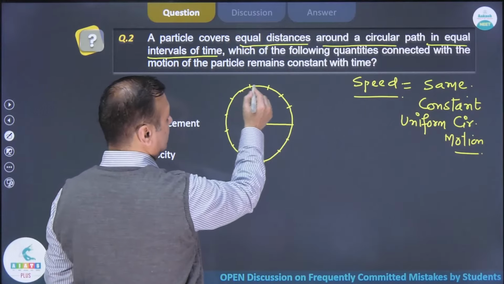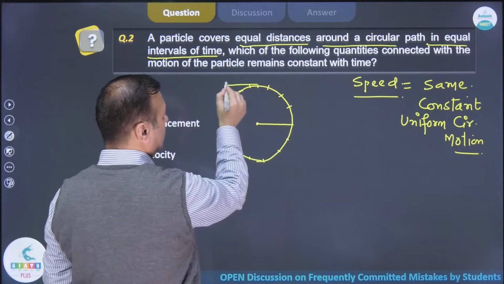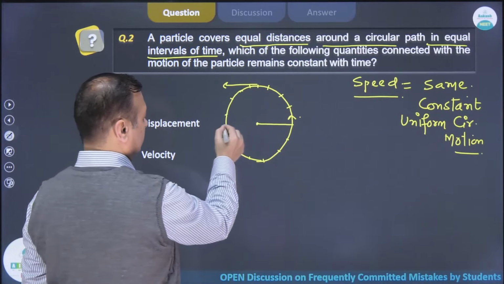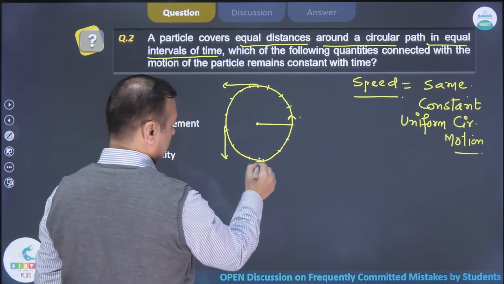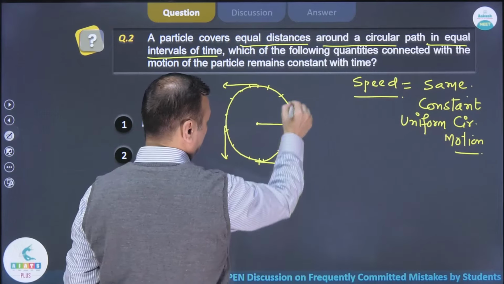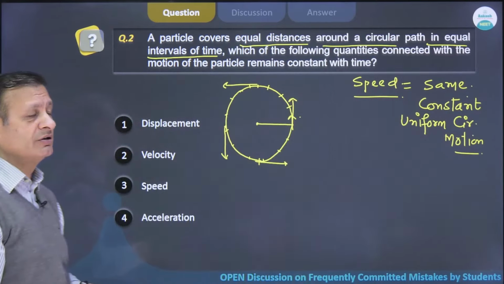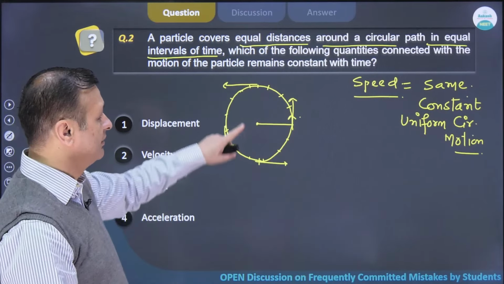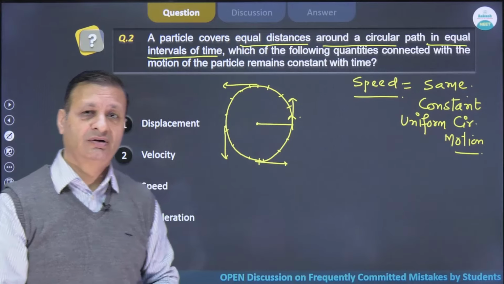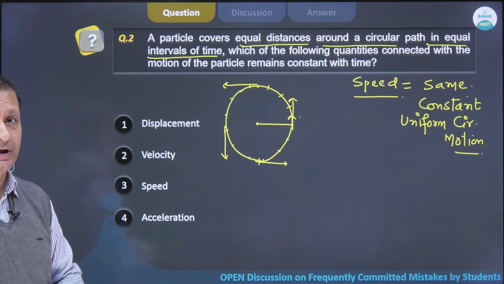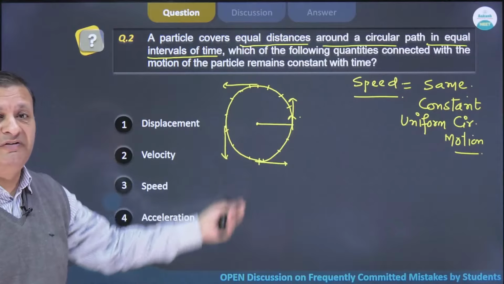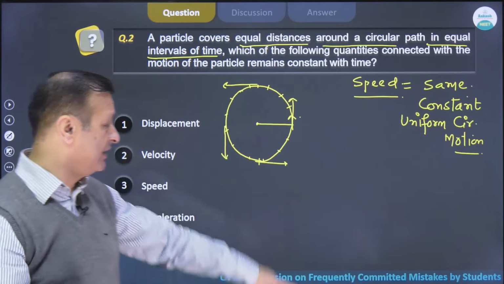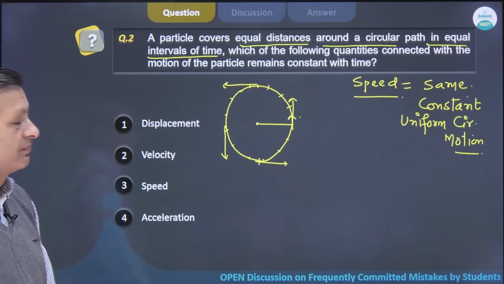If I observe my motion at this point, this is the tangent, in the anti-clockwise fashion. At this point this is the tangent, and at this point this is the tangent. So the direction keeps changing, and because of this changing direction, you have velocity that is variable, because velocity has two components, speed as well as direction, and the direction component is varying.